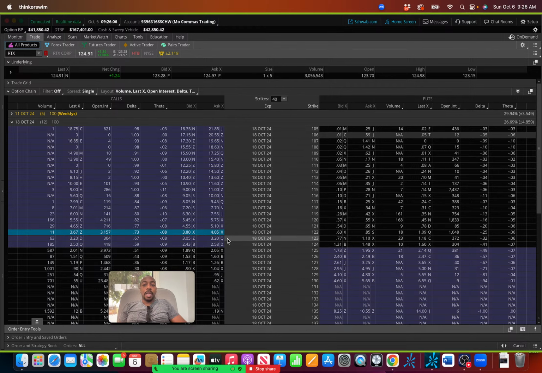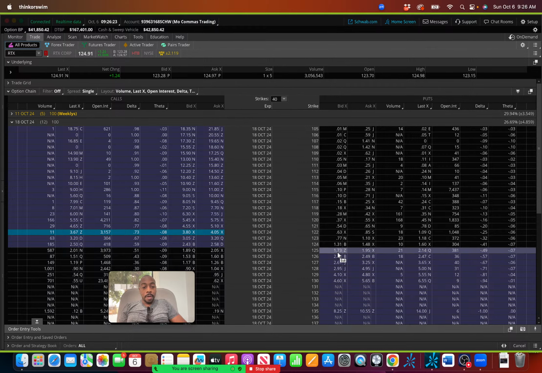But if I'm looking at RTX, if I'm trying to sell something, I usually try to sell the put that's right in the money and then buy the one that is two out of the money, right?